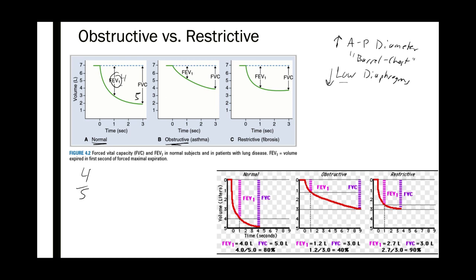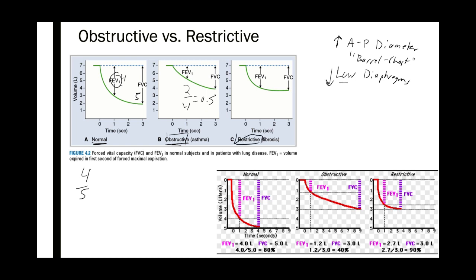Anyway, this is a classic pattern for obstructive here. FEV1 is around, in this case, I think it's 2 over 4. So that ratio is 0.5, which is significantly less than the normal.